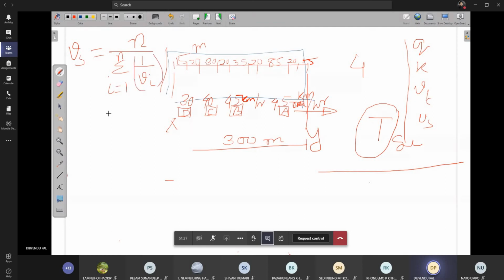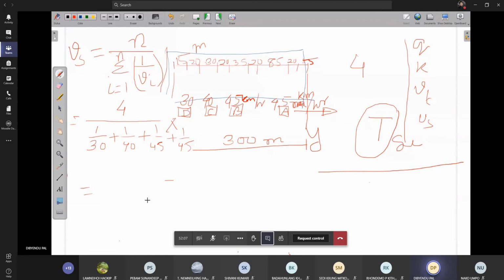This will give you the space mean speed. Here the total number of vehicles is 4, and then 1 upon 30 plus 1 upon 40 plus 1 upon 45 plus 1 upon 45.